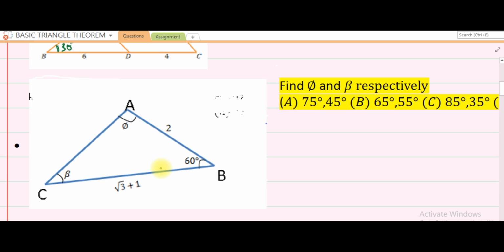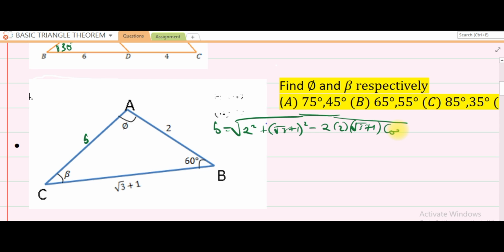From the cosine rule, the side we are looking for is this, which is opposite B. So B must be the square root of 2 squared plus (√3 + 1) all squared, minus 2 times 2 times (√3 + 1) cosine of the angle, which is 60 degrees. That's what the cosine rule states.